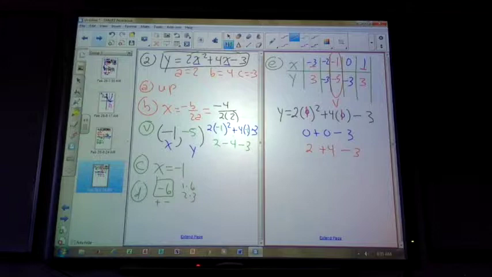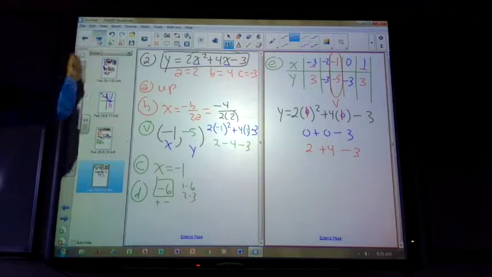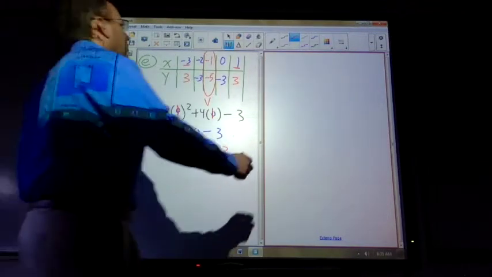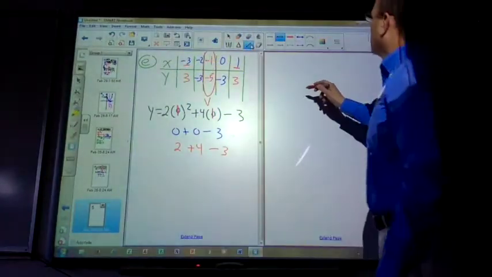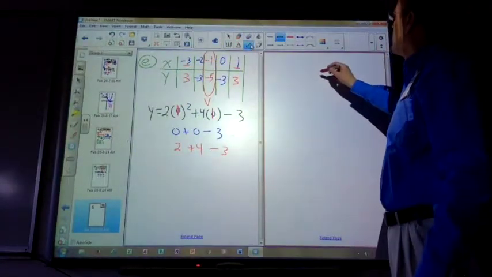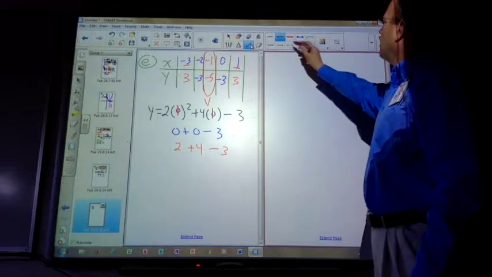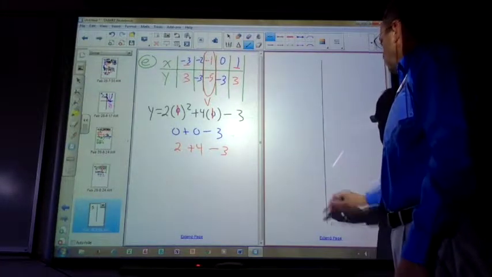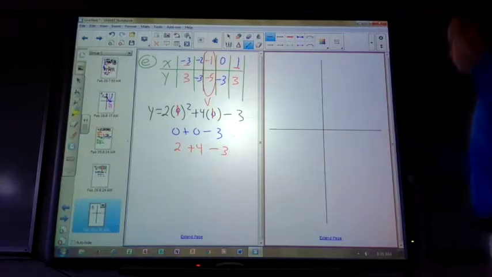Last step is to sketch the graph. Sometimes things happen. Let's go one more graph over. I think I have enough information here, so I can probably start making my graph. Let's do that one.